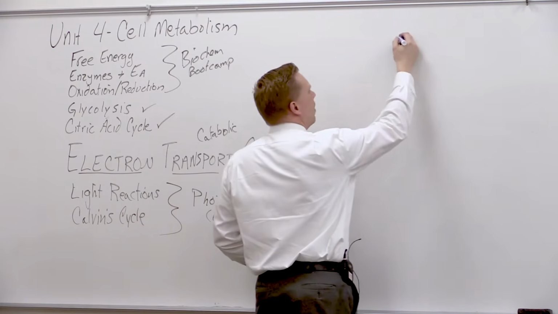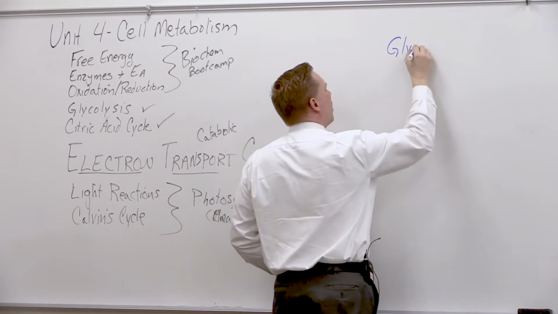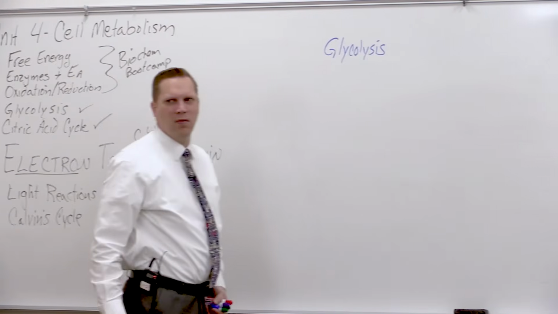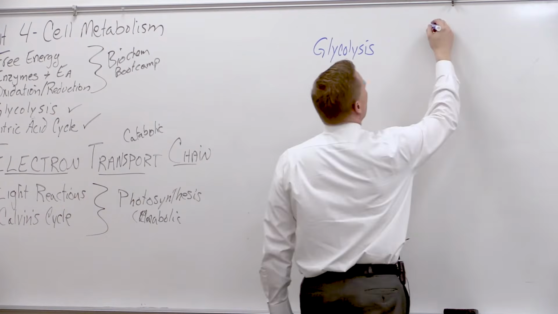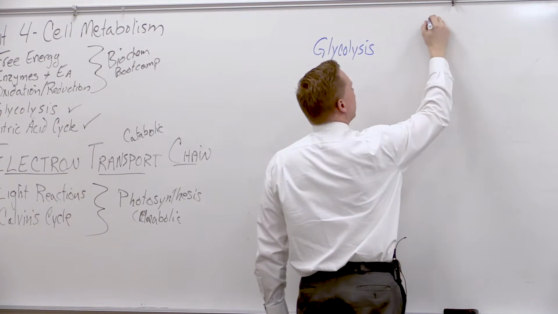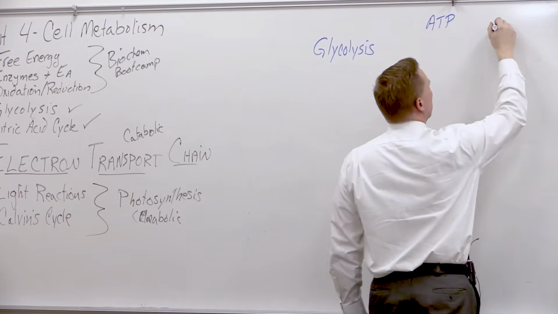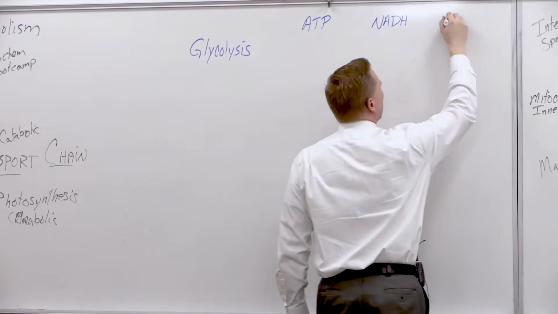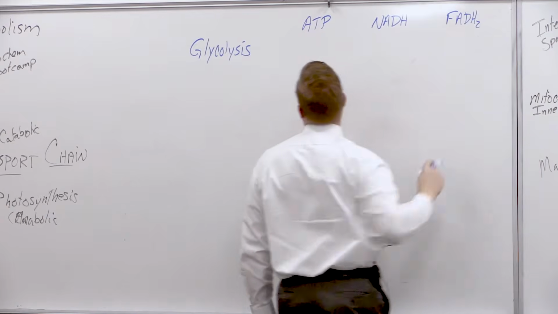Remember, cell respiration included a couple different processes. We started with glycolysis. And so where did our energy go from glycolysis? Well, we had the potential to produce some ATP and then some NADH. And this is what we'll track. We'll track the FADH2s also.